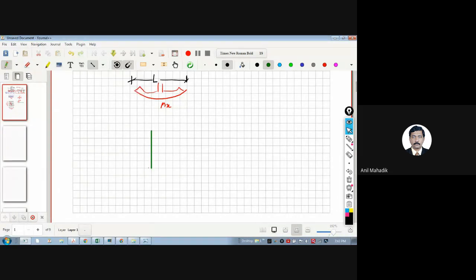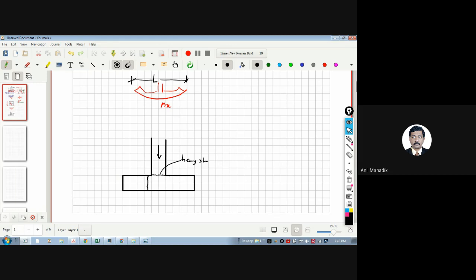As the column dimension is generally less compared with the footing, and the footing generally has a small thickness, there is a possibility that it will punch.